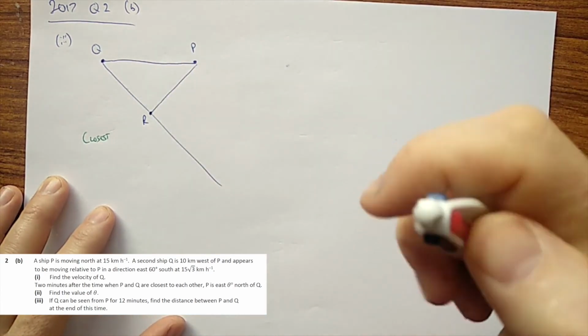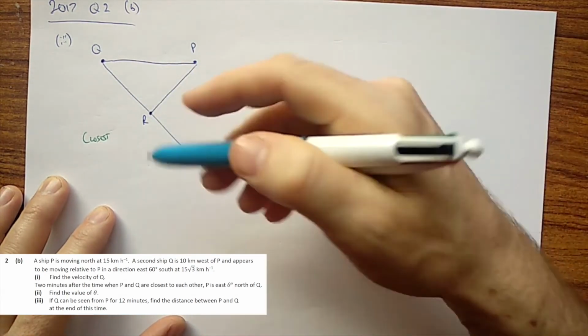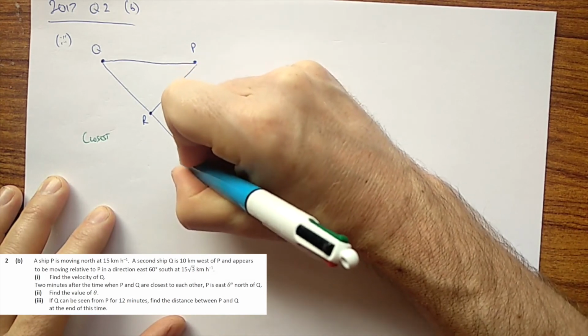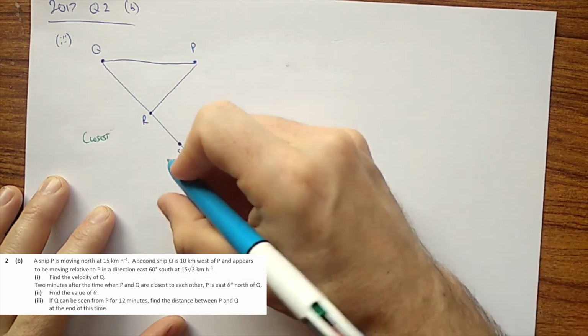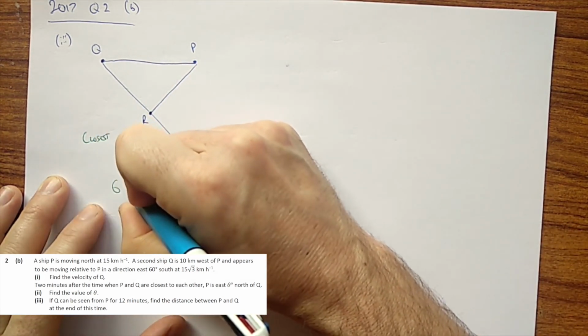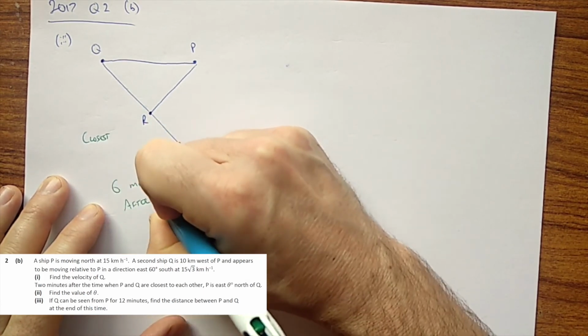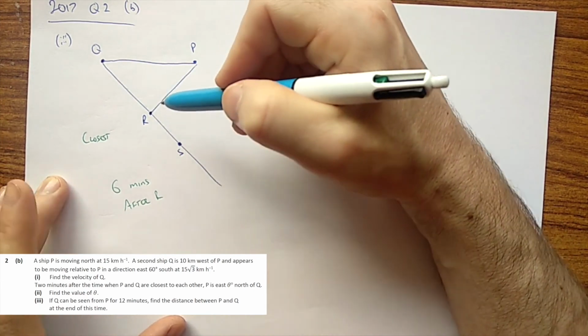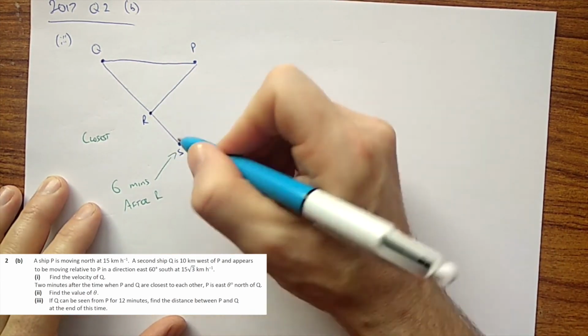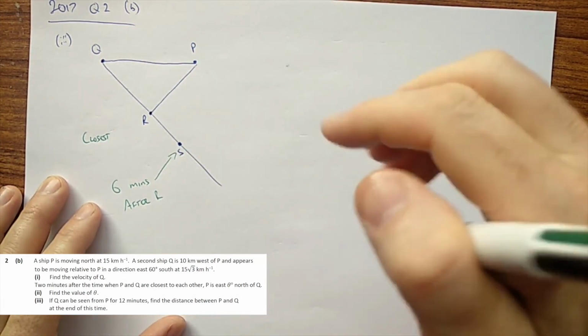So let's figure out a little point down here, S, which is 6 minutes after OR. Okay, 12 divided by 2. Well, that's not so bad.